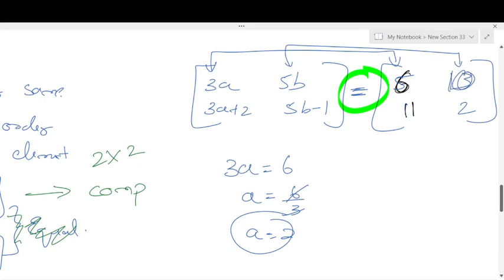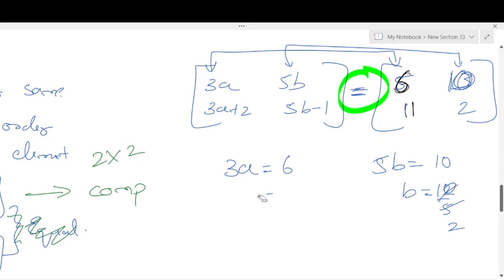One minute, one minute. Yeah, find the value of b, students. What is b? 5b should be equal to 10, right? 10 divided by 5 is 2. You'll get only questions like this on equal matrix. I don't know whether they have given it or not, but you'll have questions like this.